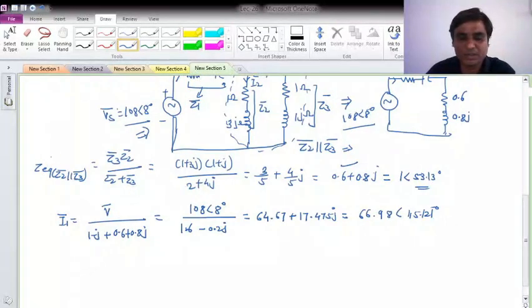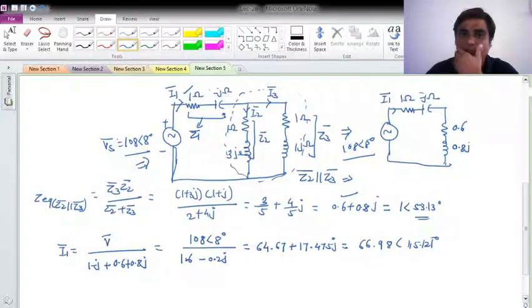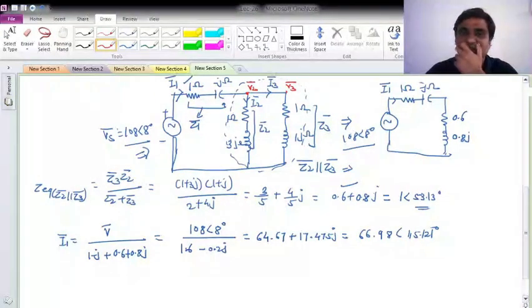Next, to calculate this voltage, I'll call it V2 phasor, and this is V3 phasor. To compute V2 phasor and V3 phasor, I can use the voltage divider.